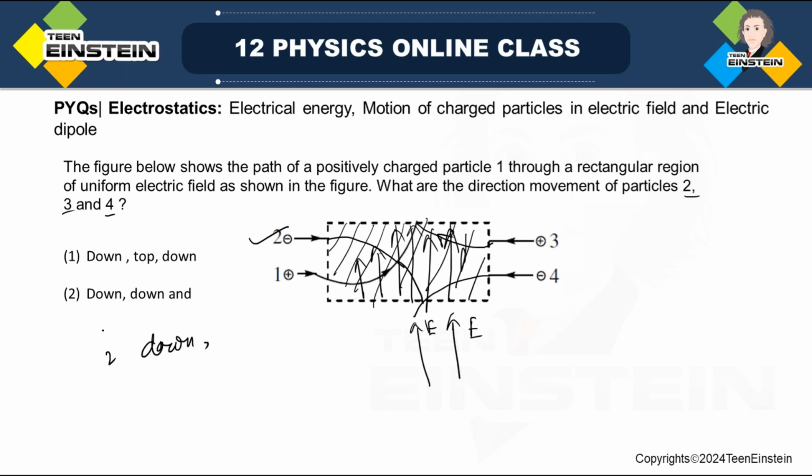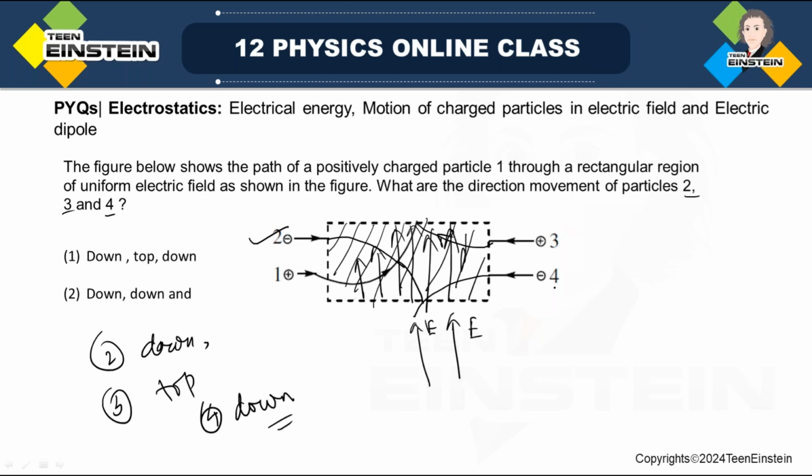So 2 is down, ball 3 is up or top. Option 4 says it is also down. So down, top, down. Okay, so this was the question.